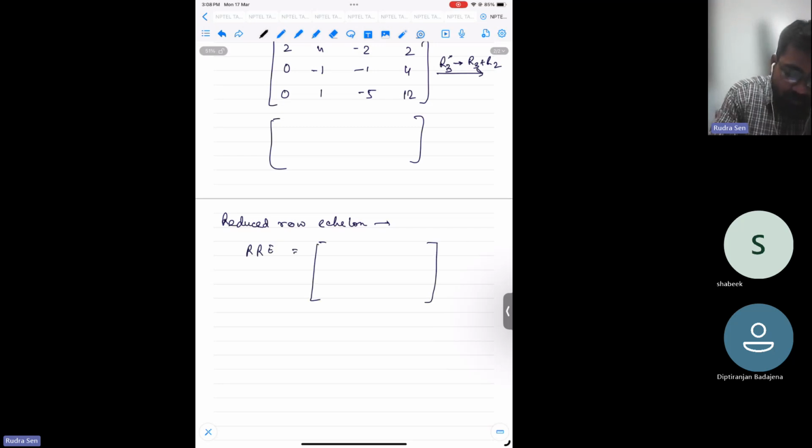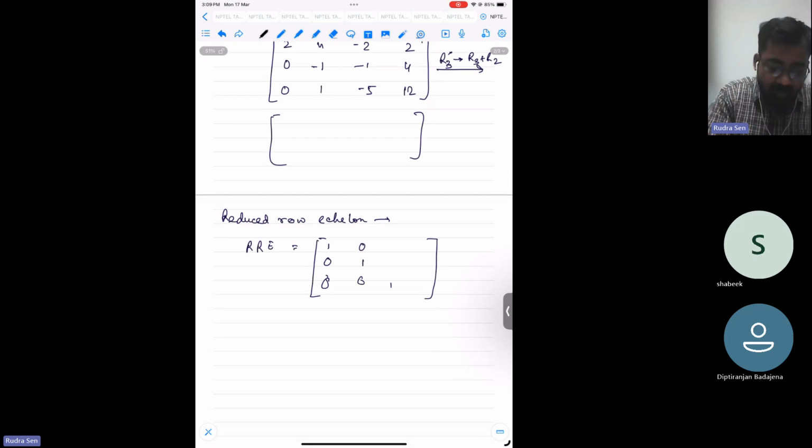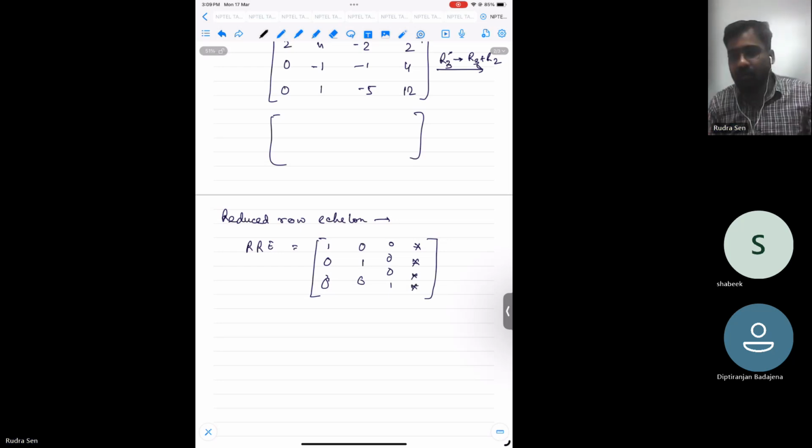In reduced row echelon form, we have to make all the pivot elements, let's say we have a 3 cross 4 matrix, we have to make all the pivot elements 1, and obviously below the pivot element should be 0, but above the pivot element we also want to make 0. So this is basically the reduced row echelon form.